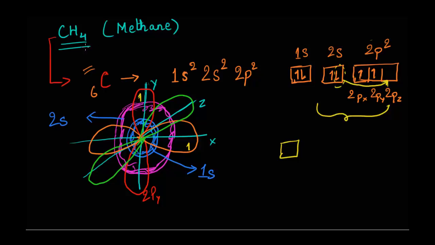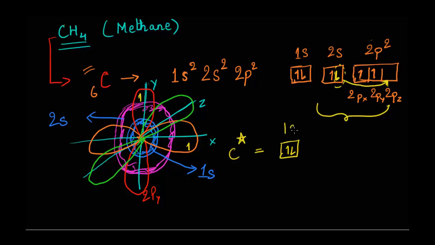So whenever carbon is going to bond with 4 hydrogens, this particular electron will get excited, it will get energy, and it will go into the 2p orbital. This will be called the excited state of carbon. It will look something like this.